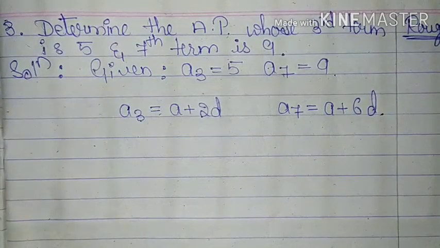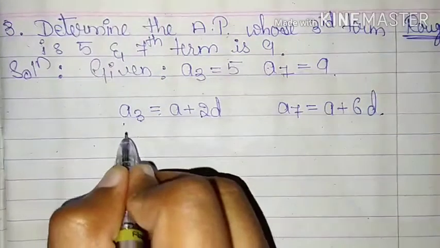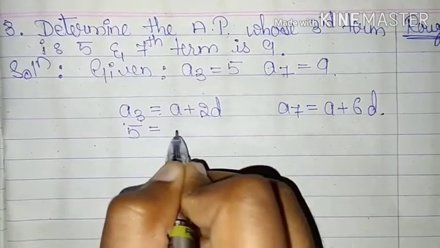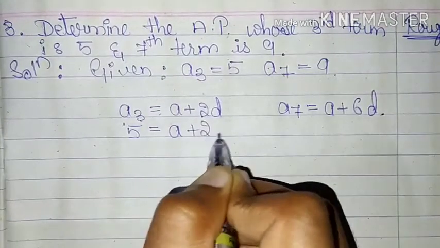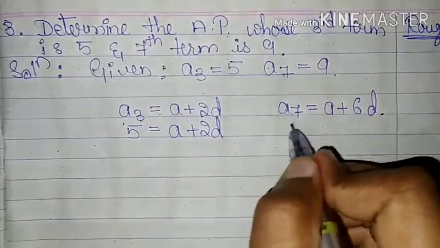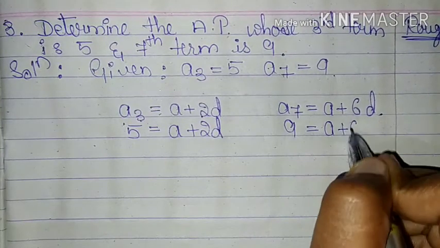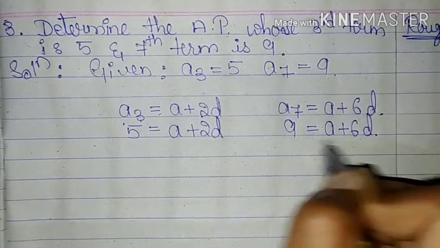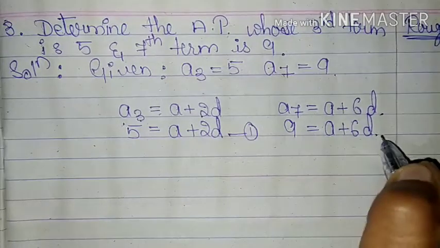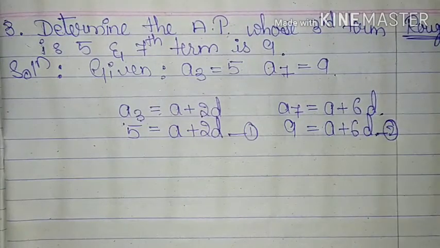So now we know A3 is 5, which is equal to A plus 2D, and A7 is 9, which is equal to A plus 6D.